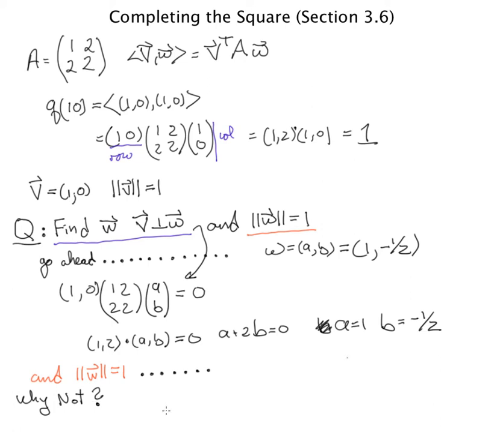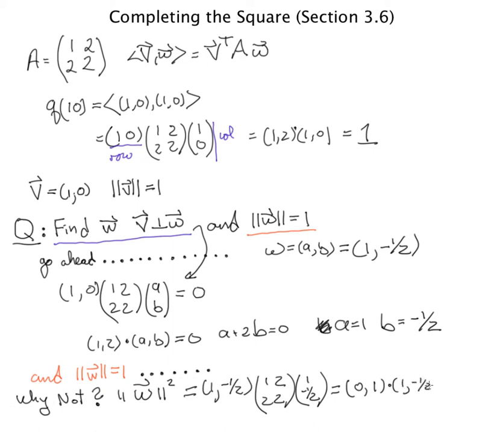So let's see. What's the length of this? We found a vector which satisfies the first condition, and I just need to get the second condition. The length of W, or the length squared, I should say, is 1, minus a half times this matrix 1, 2, 2, 2 times 1, minus a half, and that's equal to 1 minus 1 is 0, and 2 minus 1 is 1, dot 1, minus a half is minus a half.